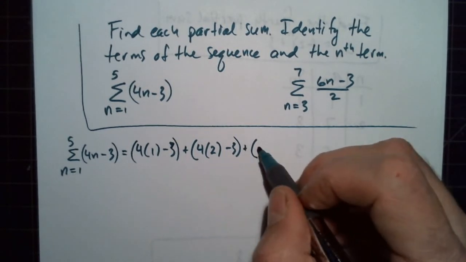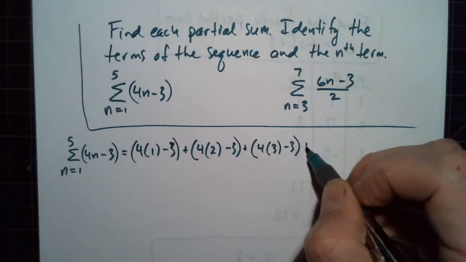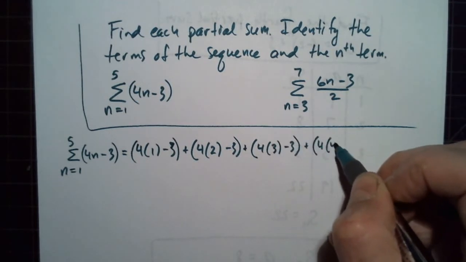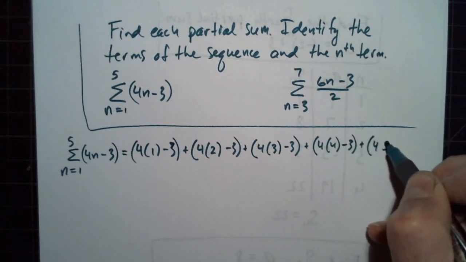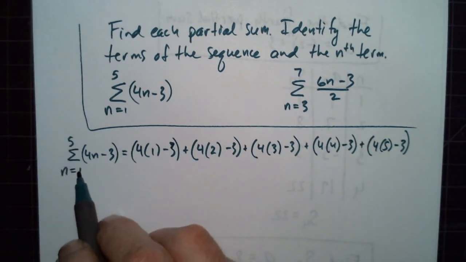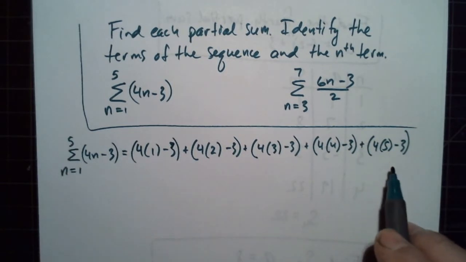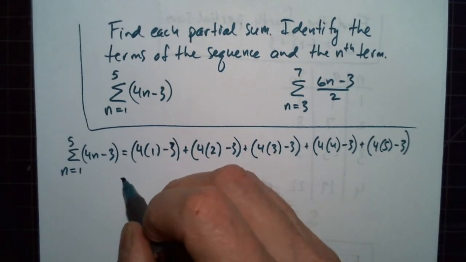We did 1, 2, 3, 4, 5. It said start at 1 and stop at 5, and now these will be the terms of the sequence.